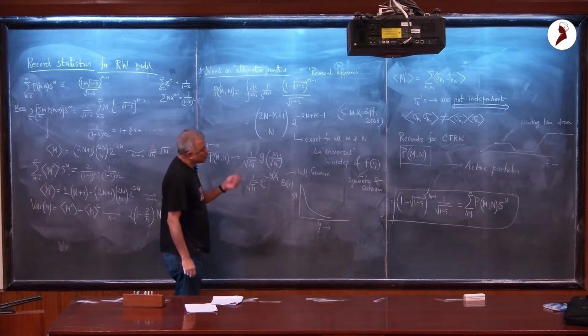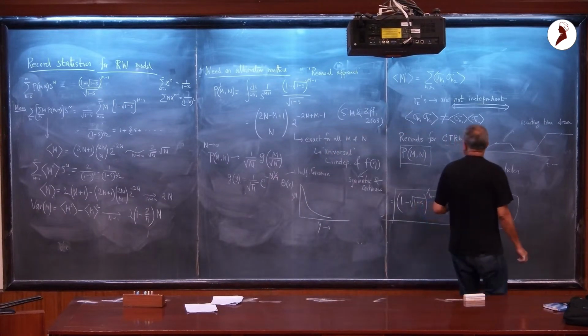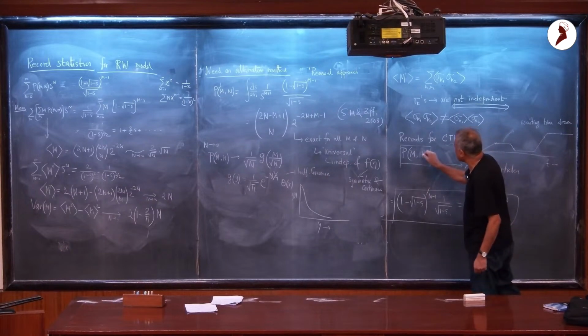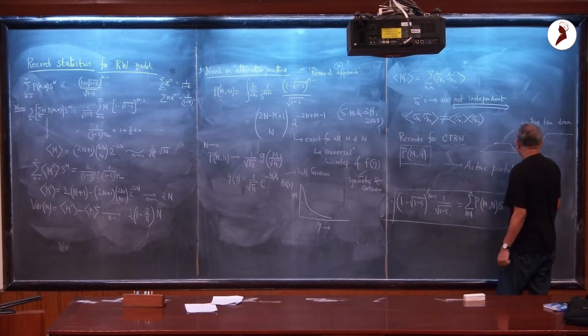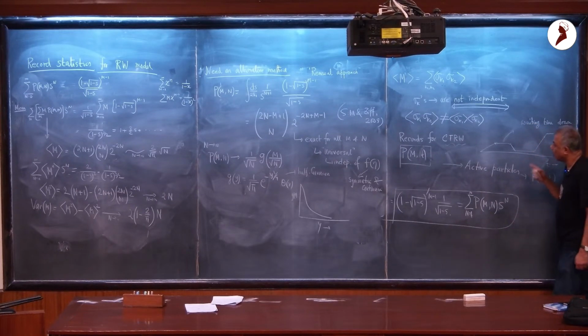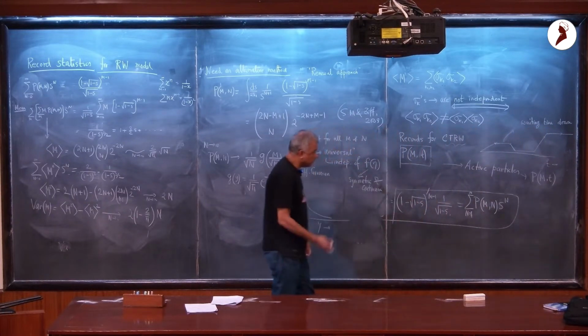So again, for that process, you can ask what is the distribution of the number of records. And again, it's universal, but in finite time t. So here it will be P of m, t, basically. And there also, for the active particles, you can calculate this P of m, t. And this is again completely universal, in fact independent of dimension and the jump process and everything.